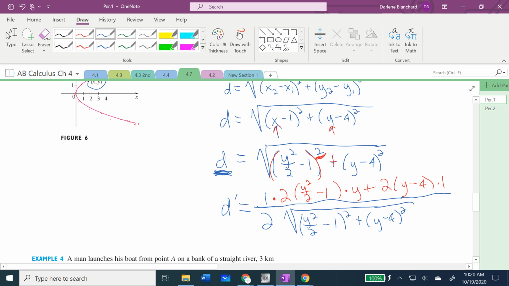Now I'm going to explain to you about the shortcut that the textbook begins to talk about here. Look at this denominator. Why did you multiply by y? Oh, I multiplied by y right here because that was the derivative of this, because it was 1/2 times 2y.